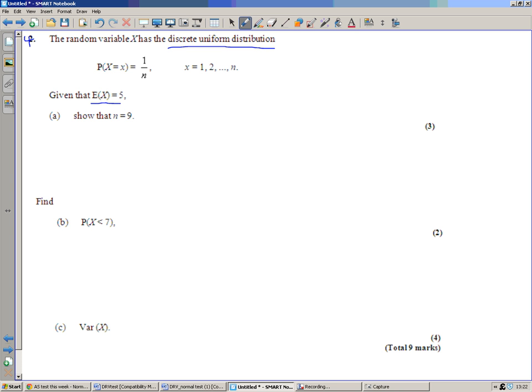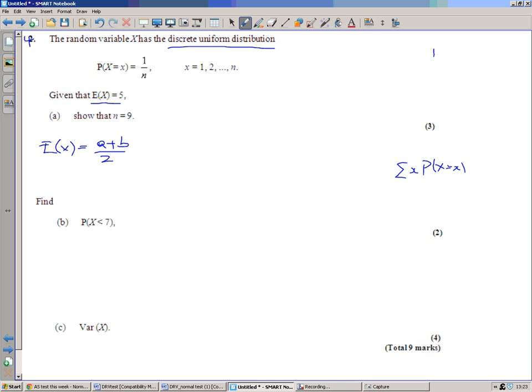Okay, so here it wants us to show that n equals 9. Now, there is a formula to find the expectation of a discrete uniform distribution, and this one is particularly easy to remember. Instead of using the standard formula, which does work because it's a discrete random variable, this one might be more useful.